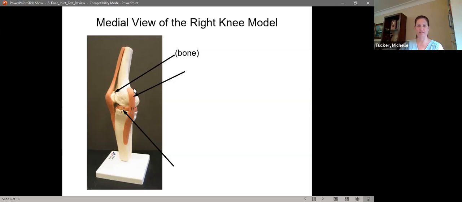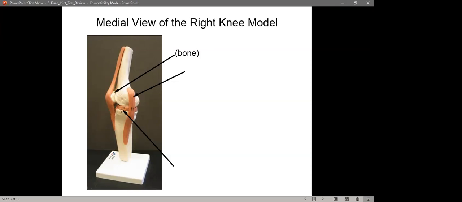So tibial collateral ligament. This makes this the which meniscus? Medial. And then it's asking what bone is this? The patella. It's the kneecap, which is also known as the patella.